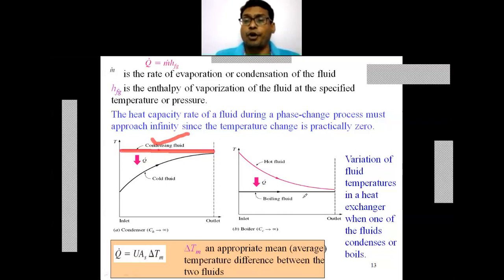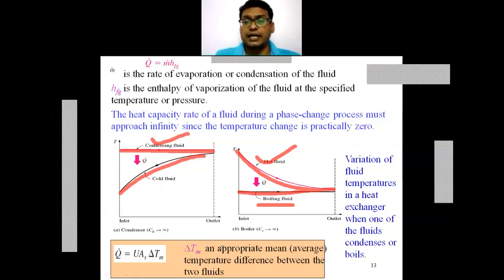And in case of a boiling fluid, the process is at a constant temperature, only the phase change is observed. So whenever there is boiling taking place, it is the constant temperature that will be noted. However, the hot fluid is going to decrease its temperature, and in case of condensation, the cold fluid is going to increase its temperature.